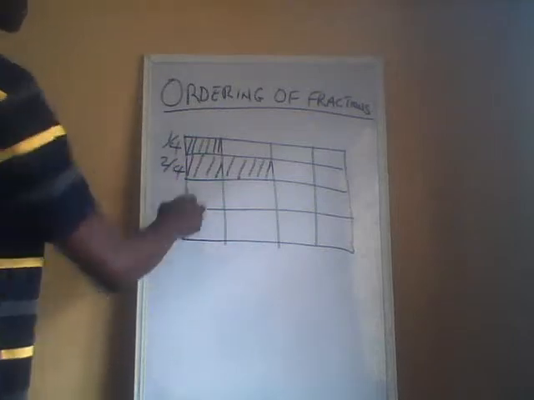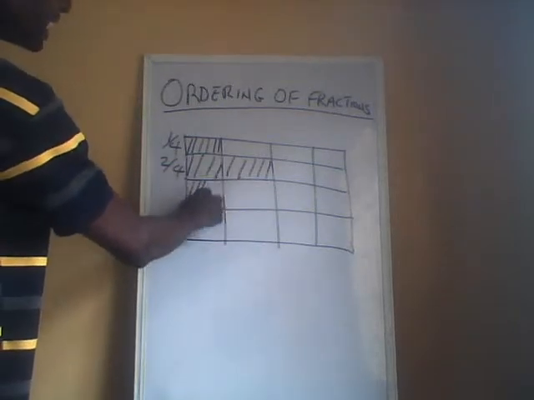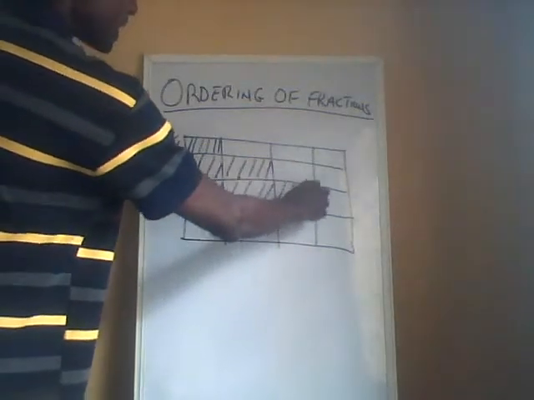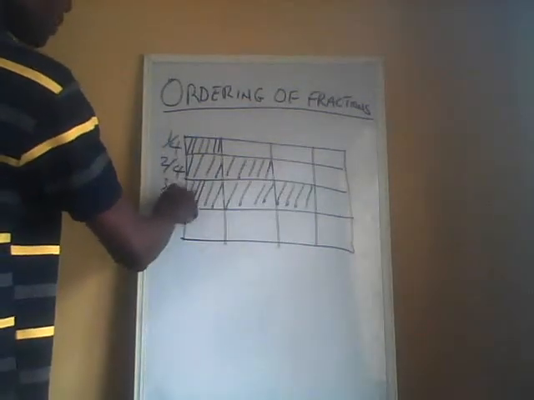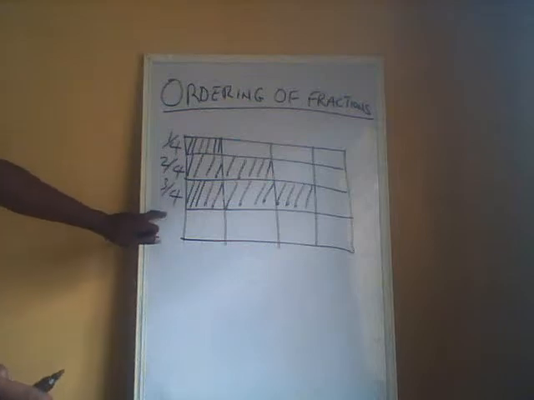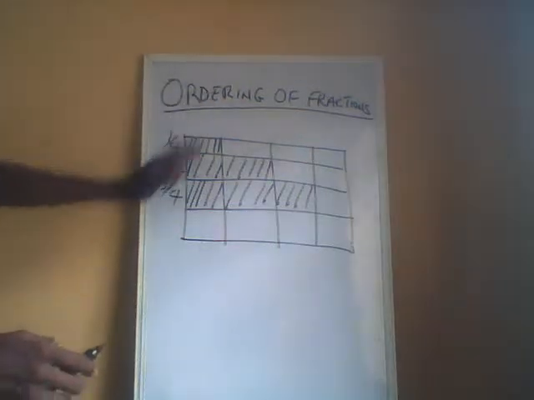Now someone else came and shaded 3 out of 4. This is 3 out of 4. And we ask, who shaded the more? Now the person that did 3 out of 4 did more than every other person.